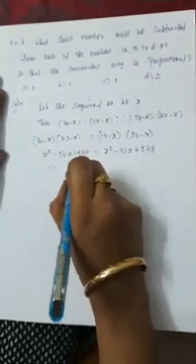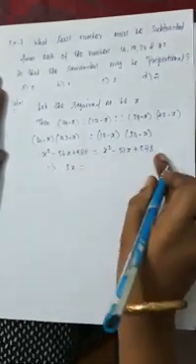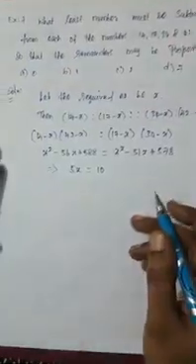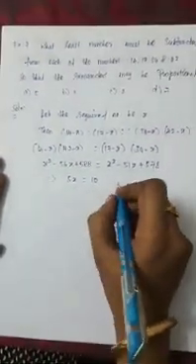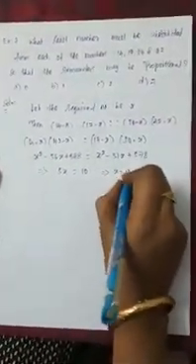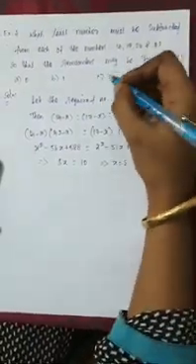So 5x is equal to 10. X square cancels, 5x is equal to 10. So x is equal to 2. So the least number is 2.